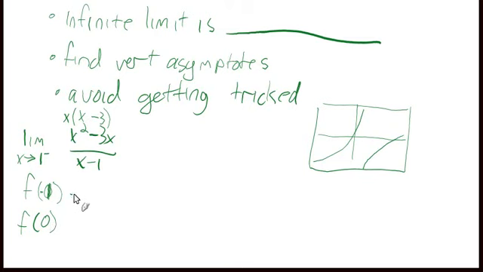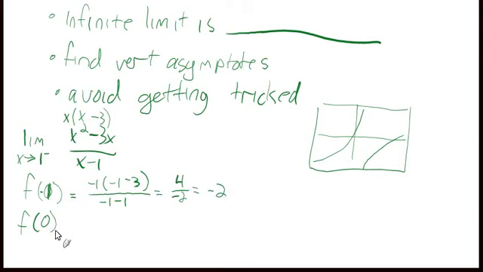F of negative 1, that's going to be negative 1 times negative 1. I'm using the factored form up there. Over negative 1 minus 1. So this is going to be negative 1 minus 3, that's negative 4, and then that'll be positive 4 up there. And over negative 2, that's negative 2.